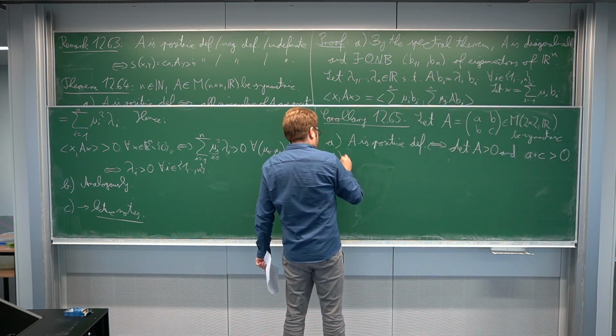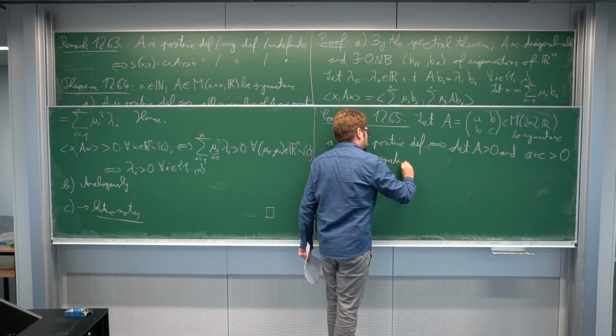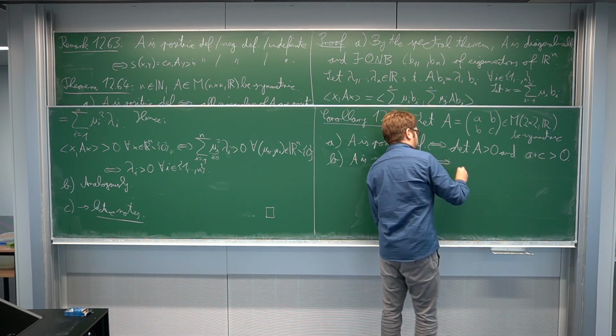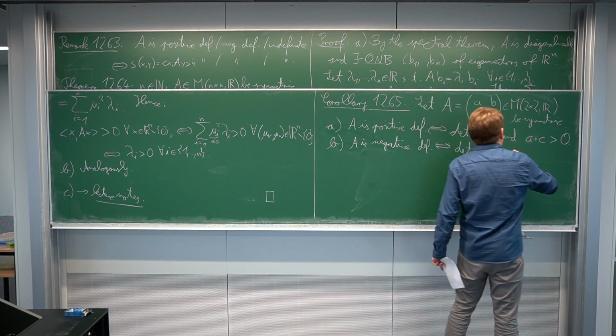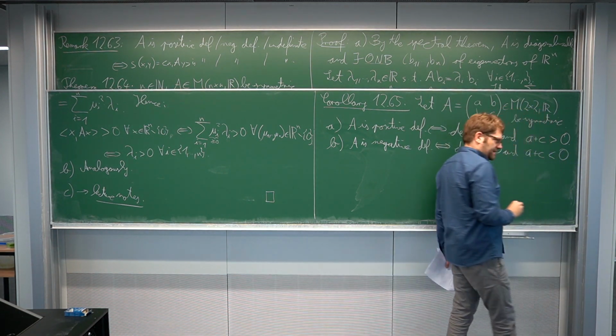In the same way, you can see that A is negative definite if and only if the determinant is positive, and a plus c, the entries on the diagonal, this sum is negative.